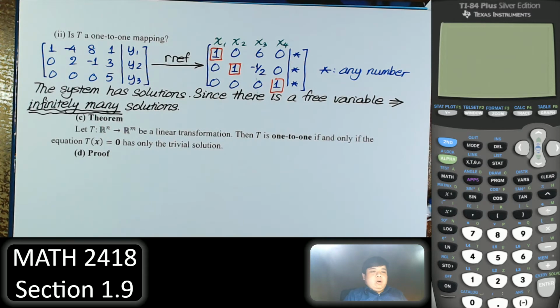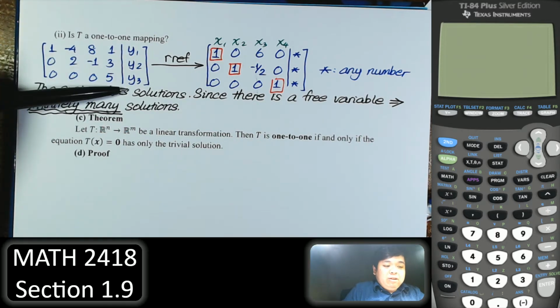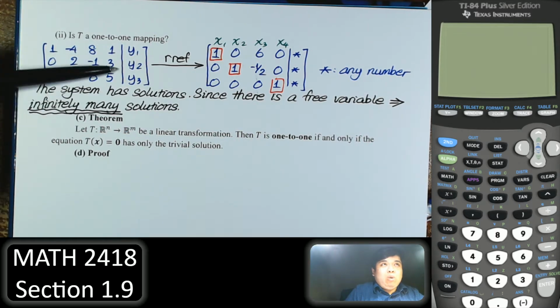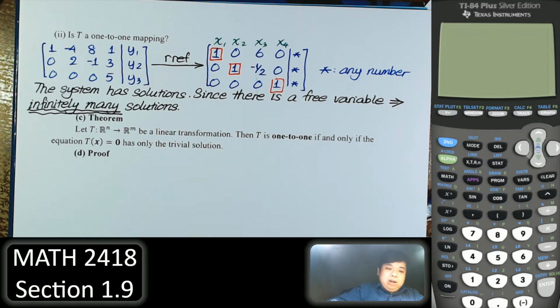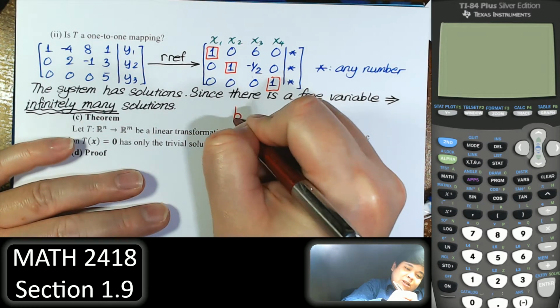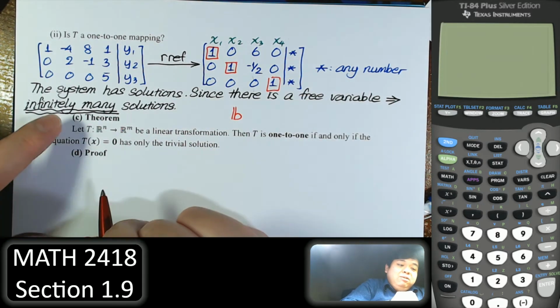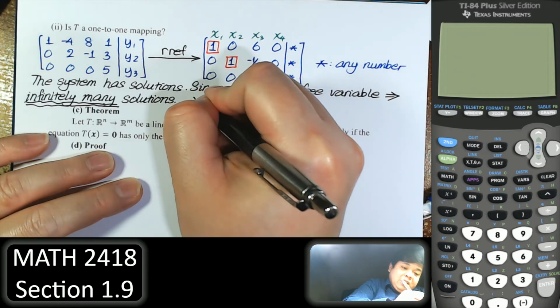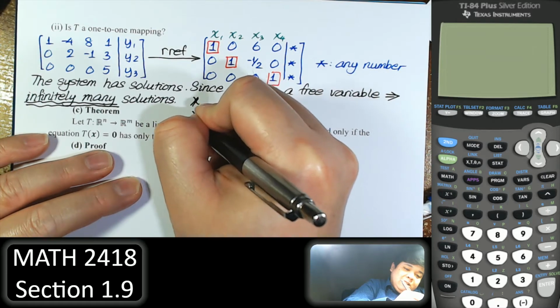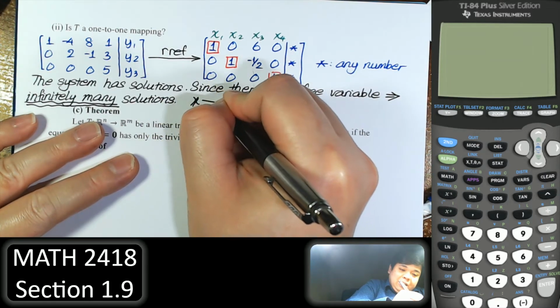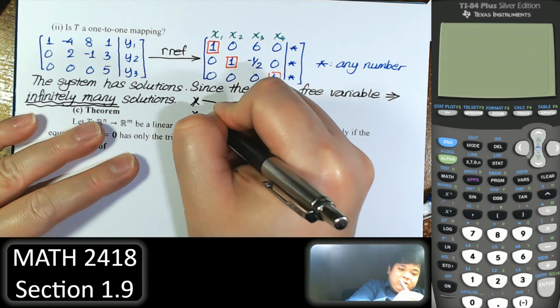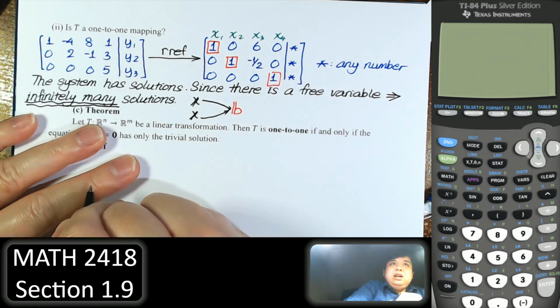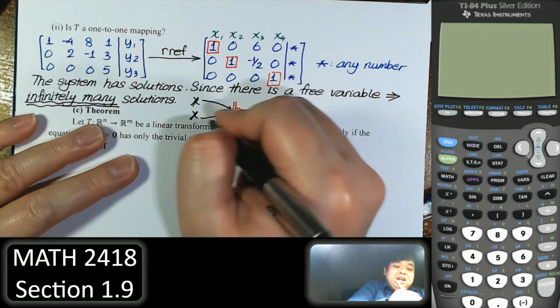Right, that's simple. Of course, we have that already. But in terms of one-to-one, think about this. It doesn't matter what y1, y2, y3 is, it doesn't matter what we have for b. There are infinitely many solutions, meaning that there will be a bunch of x that transform into b.